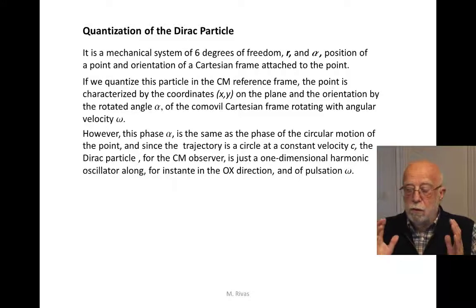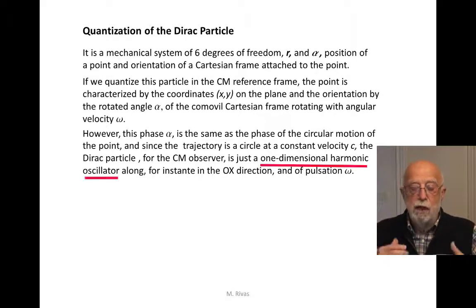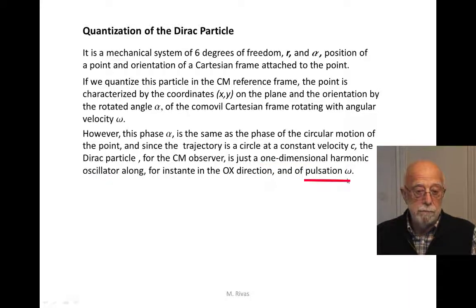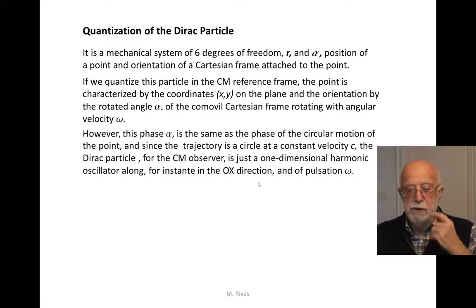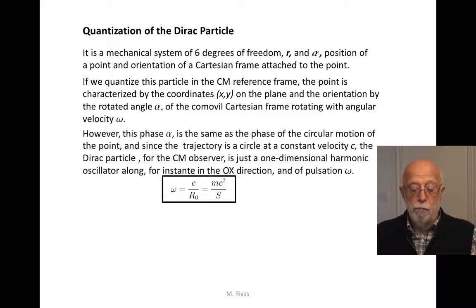So what we finally have when analyzing the center of mass frame is that it reduces to a one-dimensional harmonic oscillator, for instance along x-axis, and of pulsation omega. So this elementary particle, when analyzed in the center of mass frame, has been reduced to a one-dimensional harmonic oscillator of pulsation omega. But omega is this one.